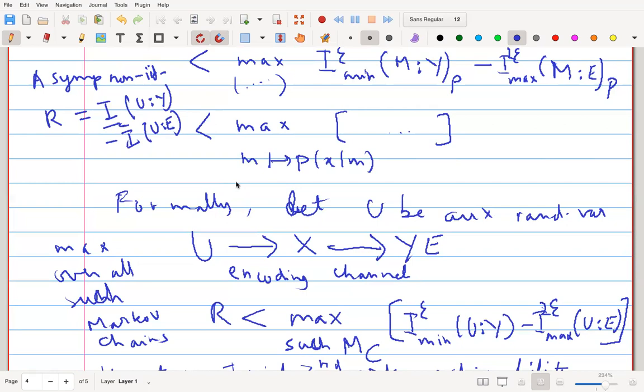Basically, a channel is described as a sequence of operators indexed by n, where n is the level number. Then you evaluate the one shot quantity for the nth channel, divide the rate by n, and take the limit as n goes to infinity. That's called asymptotic non-IID or the information spectrum. We get the natural one-shot analog: I epsilon in the asymptotic non-IID world is called I lower bar, and I epsilon max in the asymptotic non-IID world is called I upper bar.